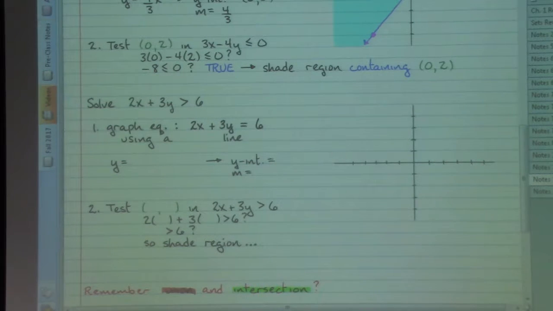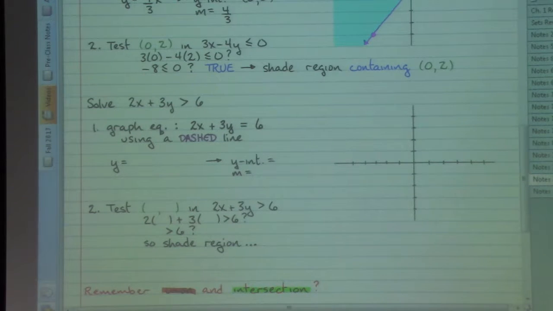Because we just noticed that we have a greater than symbol, we're going to make a little comment to ourselves that we're going to be drawing this line as a dashed line.